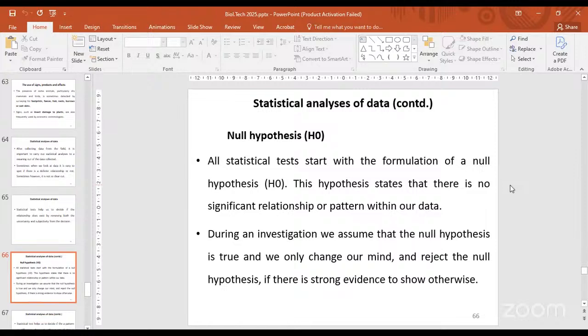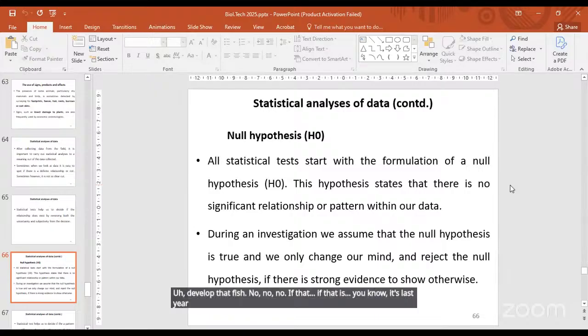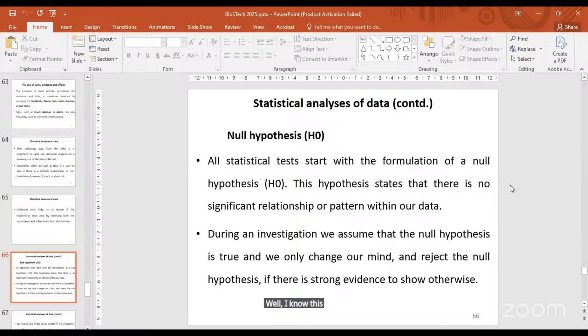For instance, now you want to do a study. You want to see if there are tilapia fish. Tilapia is for many species. One of the species is tilapia zilli.